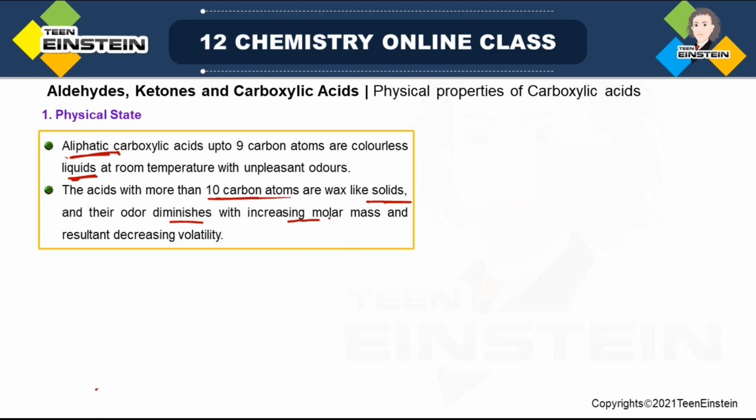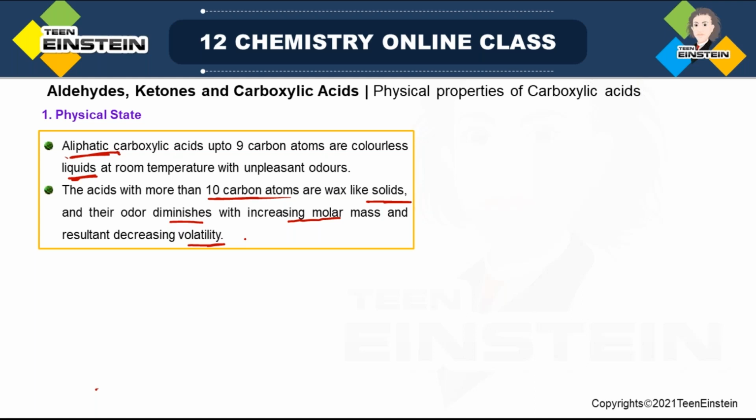And the reason is they have higher molar mass, because you are having more than 9 carbon atoms, so molar mass is increasing. As a result, volatility is also decreasing. When the molecules are in gaseous or vapor state, they are more volatile, in a highly energetic condition, so we can smell them easily, right?